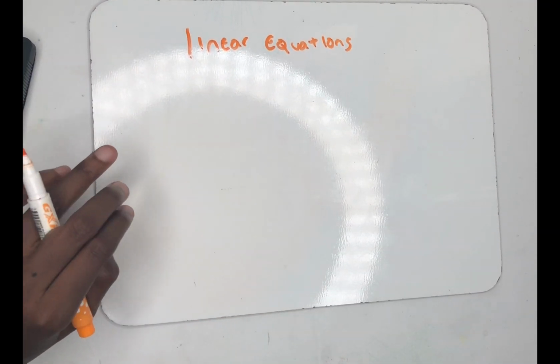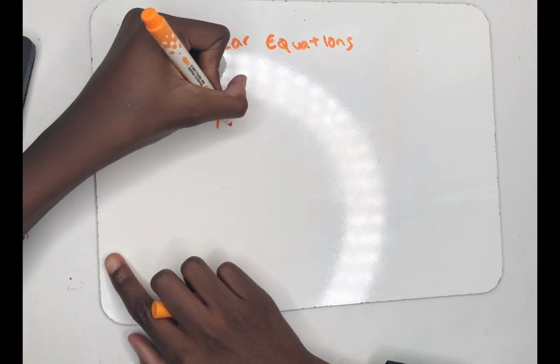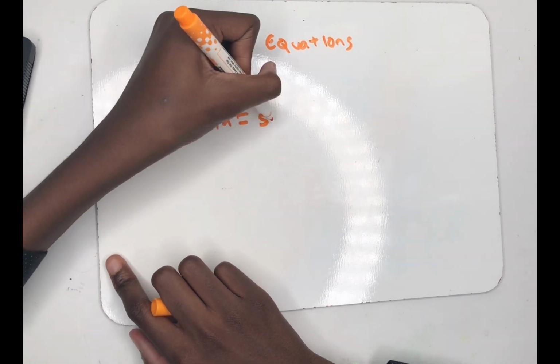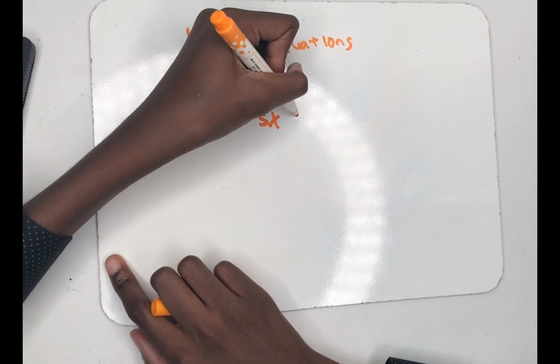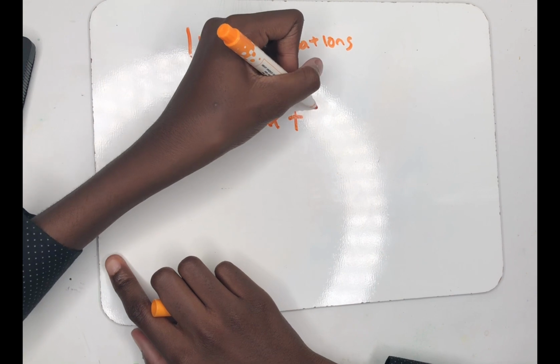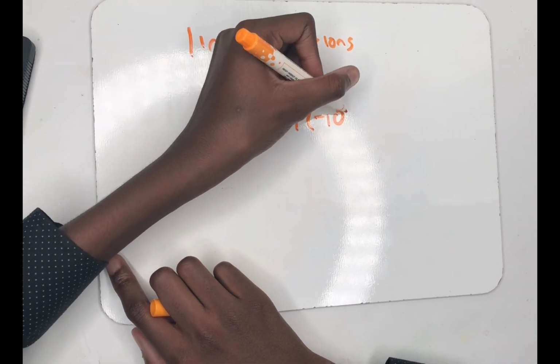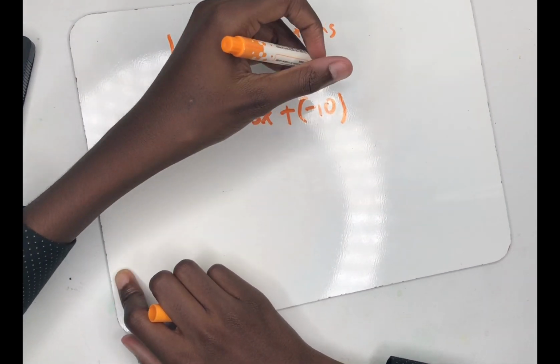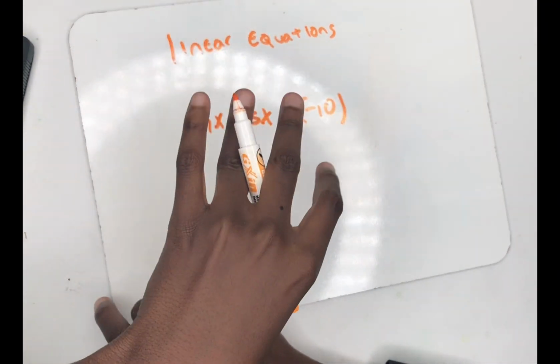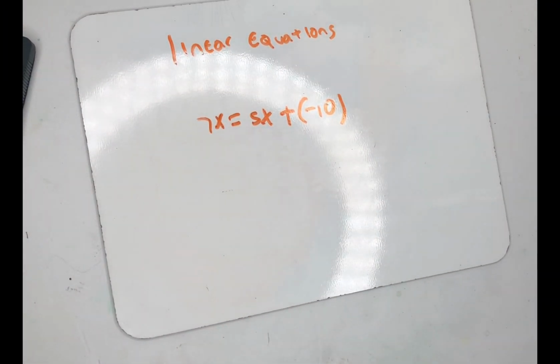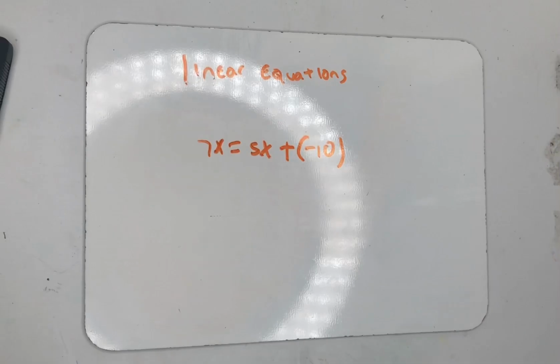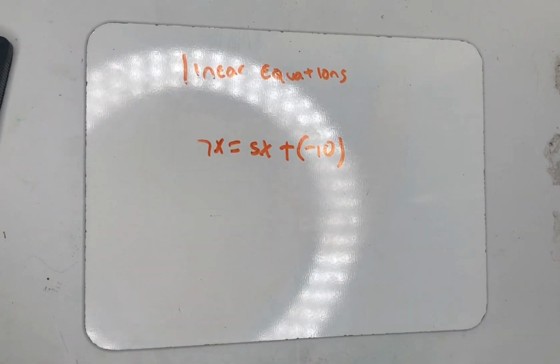So let's go into something more advanced. 7x equals 5x plus, then parentheses, negative 10. This is going to be a tricky one, but if you'd like to do this on your own, you may. So we're back. If you wanted to do it by yourself, I gave you a chance to.